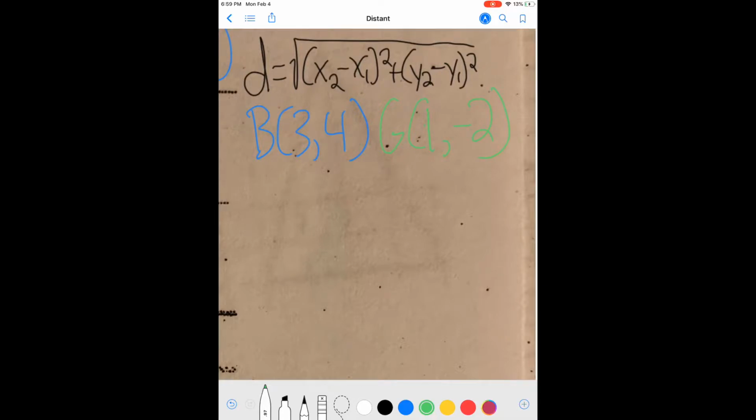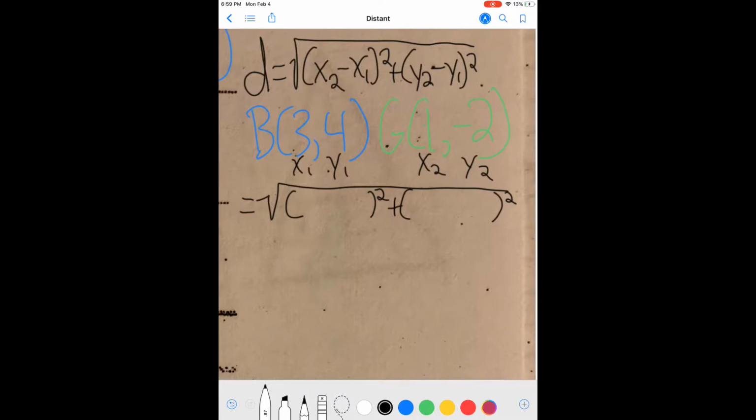So substituting these in, we've got x1, y1, x2, y2. So we've got the square root, still 2 parentheses, still both parentheses squared, and we still have addition in between. We still also have subtraction in our parentheses.